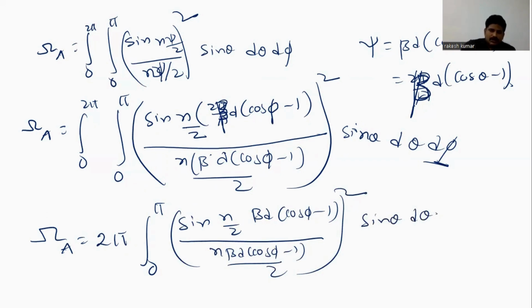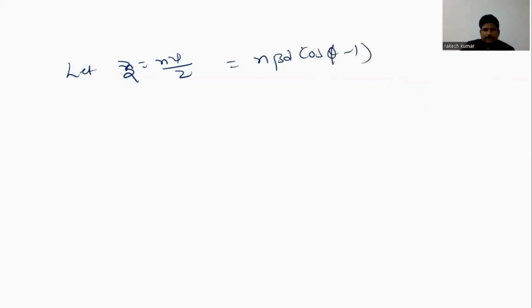Here we take a small substitution: let us consider z equal to n psi by 2, that is equal to n by 2 into beta d cos theta minus 1. I am changing the limits.